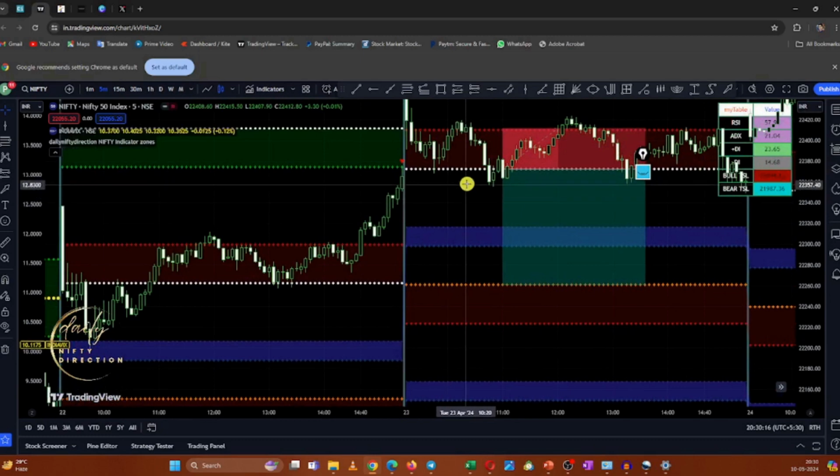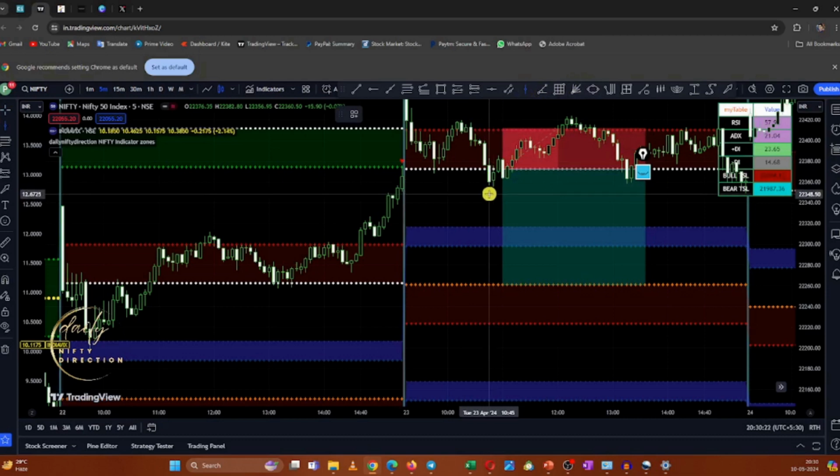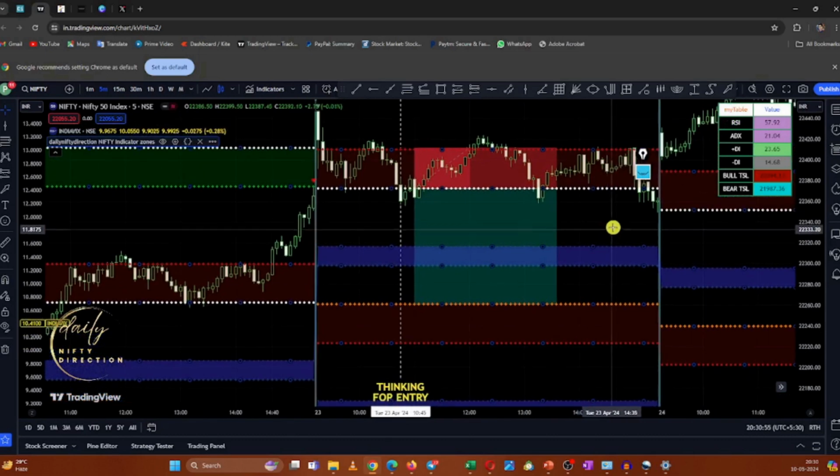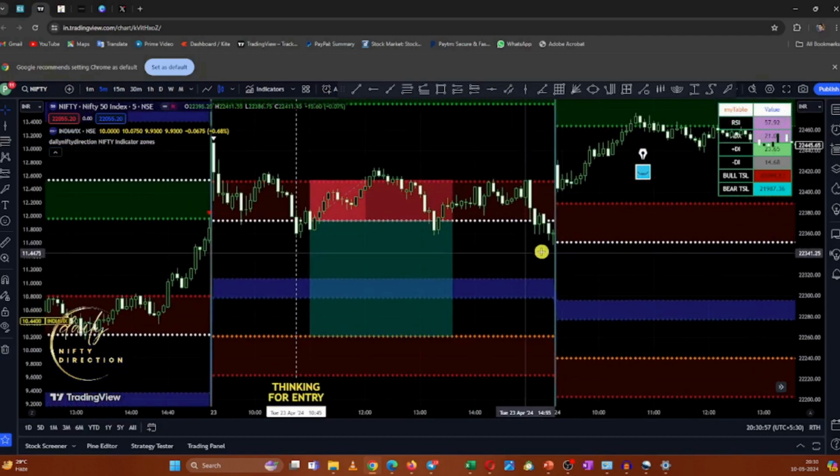If you keep shifting your thinking of entry line, your stop loss will rarely hit, but if it hits, then it is okay to give your stop loss.